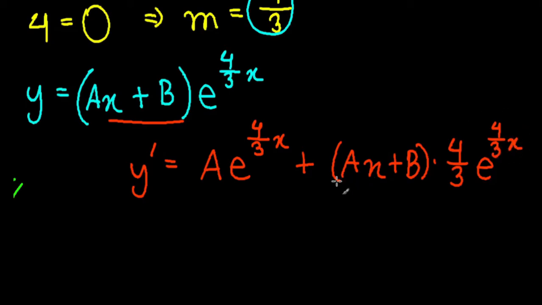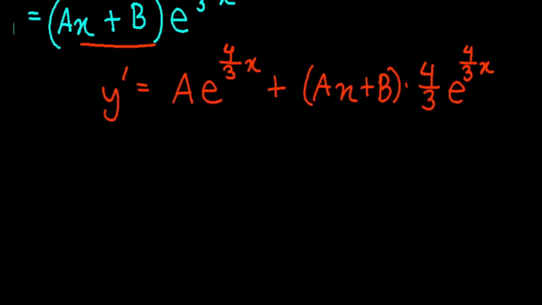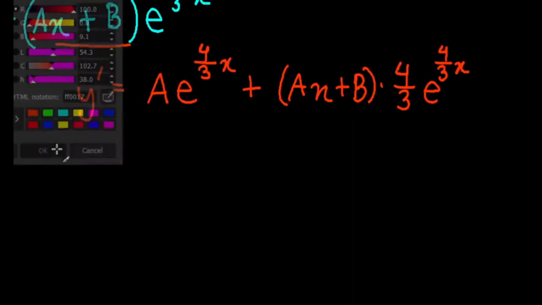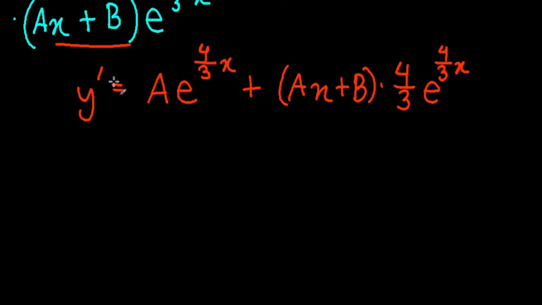Now when x equals 0, we know that y prime is equal to 7. So let's substitute those numbers in. When x equals 0, y prime is equal to 7. This one is just going to be 1. E to the power 0 is 1, so 1 multiplied by a, that's just a. Actually, I don't know why I'm still writing b.